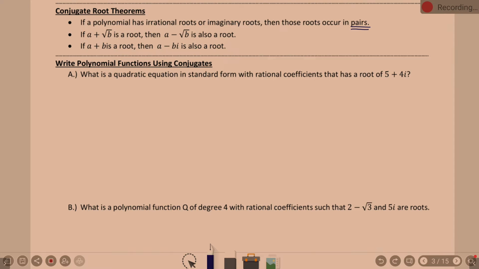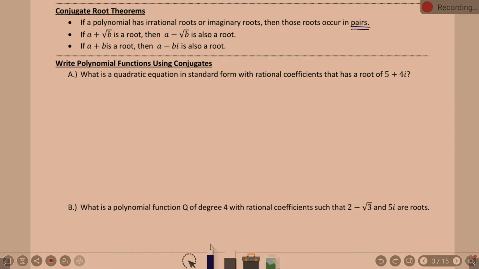It could have just as easily been irrational with just square root of 5. So they always occur in pairs. If you have a positive square root of 5 as an answer, you're going to have a negative square root of 5 as an answer. If you have a positive 5i, you're going to have a negative 5i. So irrationals, which are your square roots, or imaginaries with your i's, always occur in pairs, so think conjugates.